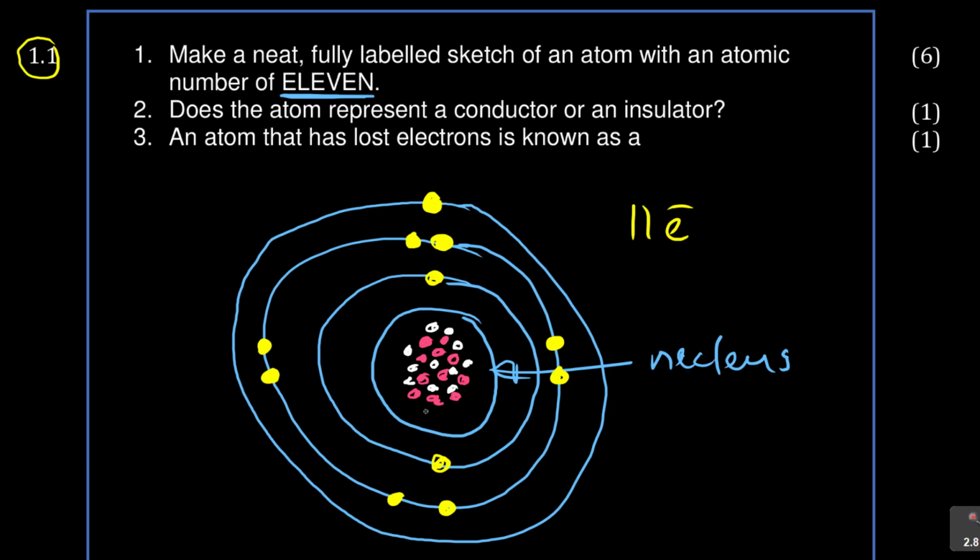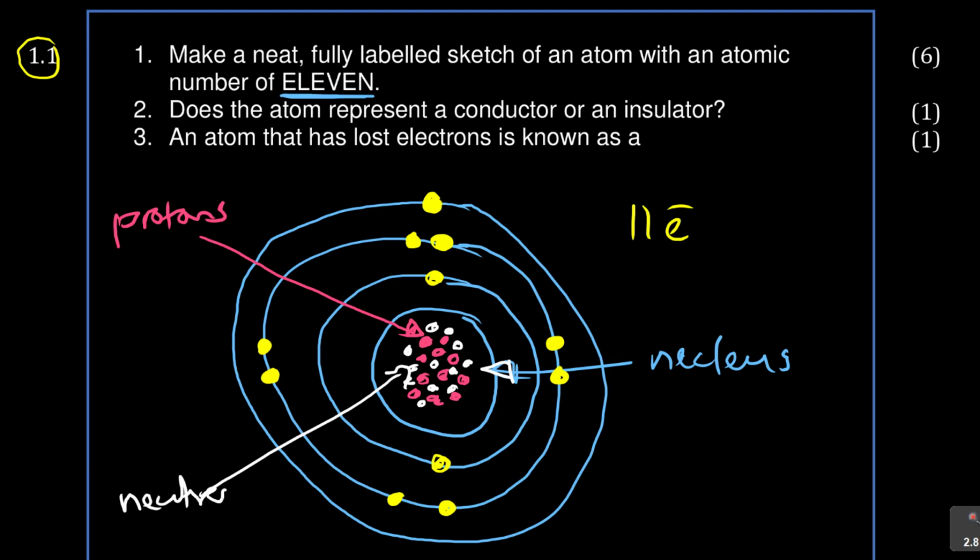But I know here it will be 12. But here you don't have to be very sensitive, just to indicate that this was the nucleus, and inside that nucleus you need to indicate to say these are the protons and these are the neutrons.